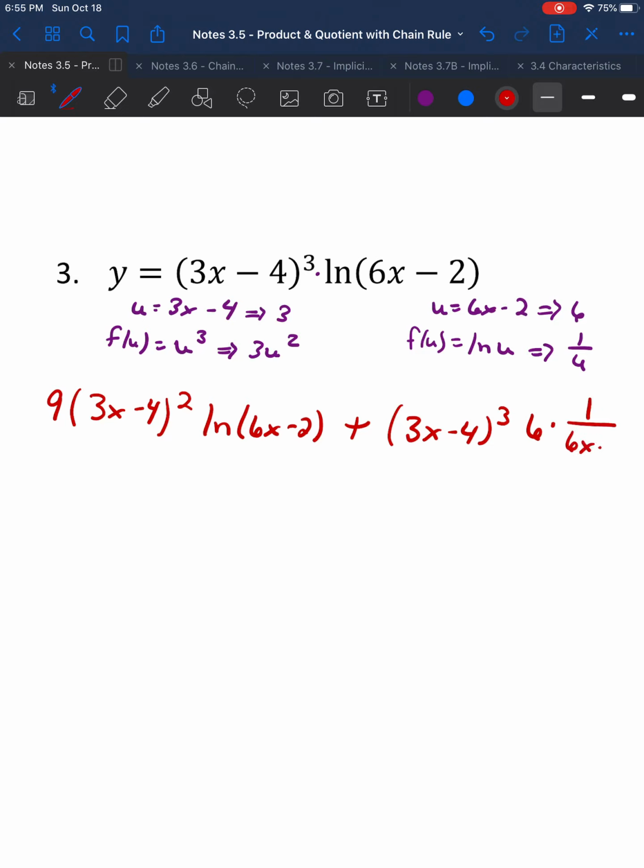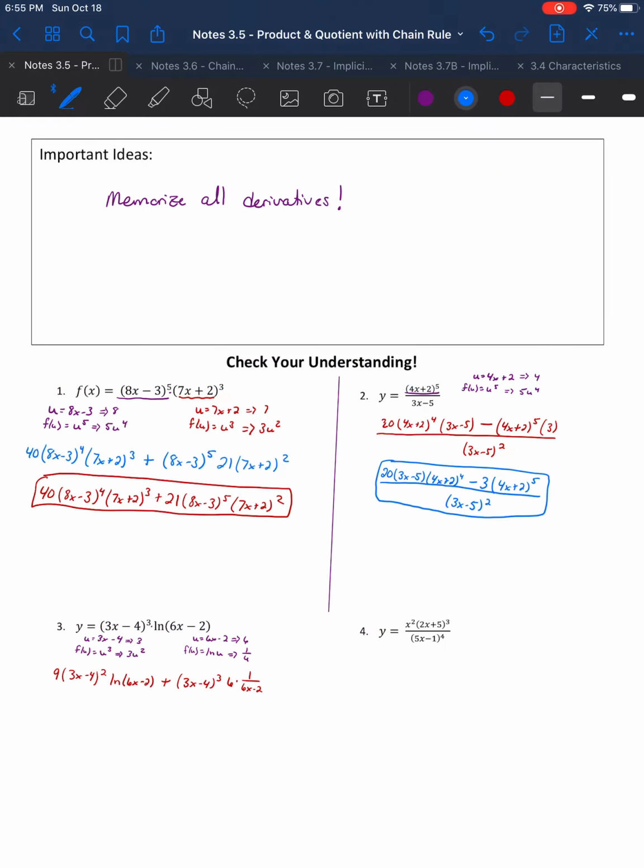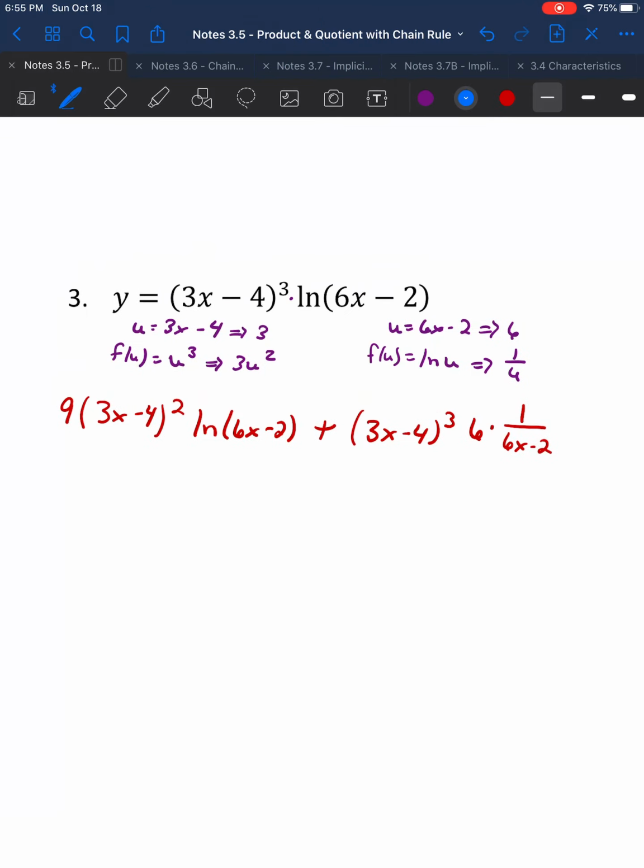derivative of the second, but I need a u again. And when I multiply those together, I would have 6 times 1 over u, but u was 6x minus 2. So again, on the first half, there's really nothing I can do to make this look any nicer.